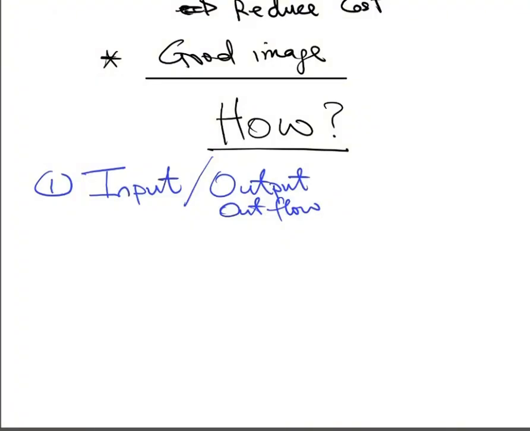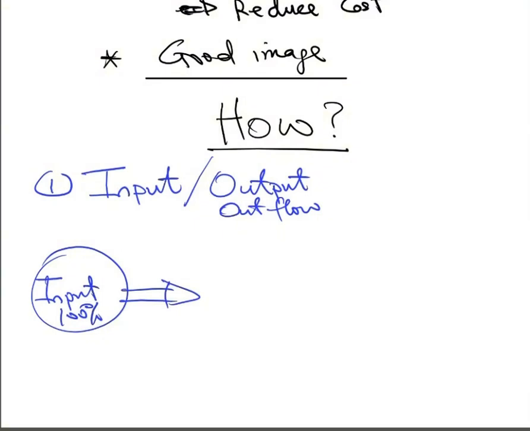So take for instance, what I'm saying here is, let's say you have an input here, materials at 100%. You decide to process it. So it flows into your process. By the time it's coming out, you're going to have finished products. You might have some scrap that you don't want. You might even have some wastages.